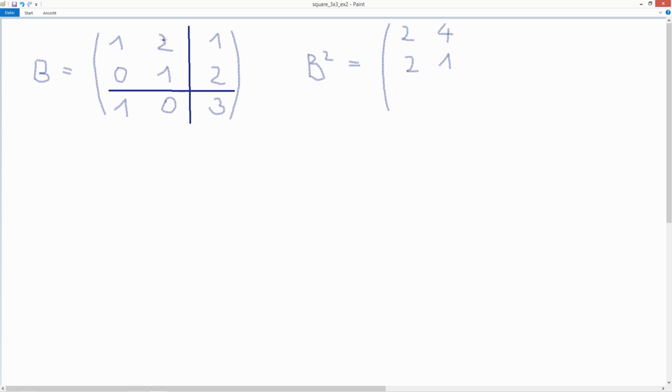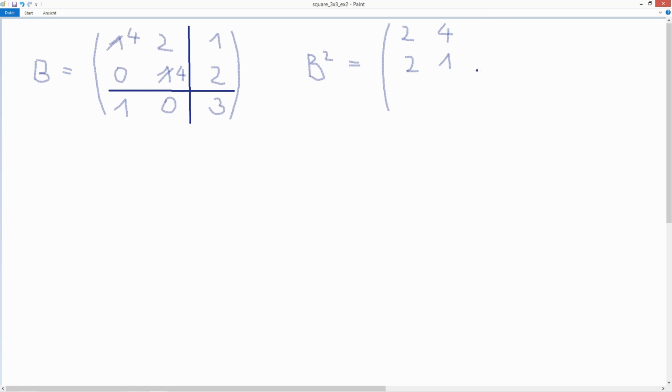To get the matrix T, we need to add 3 to these two values. So I will do it like that. I will erase these two entries and just add 3 to them. So 4 and 4.